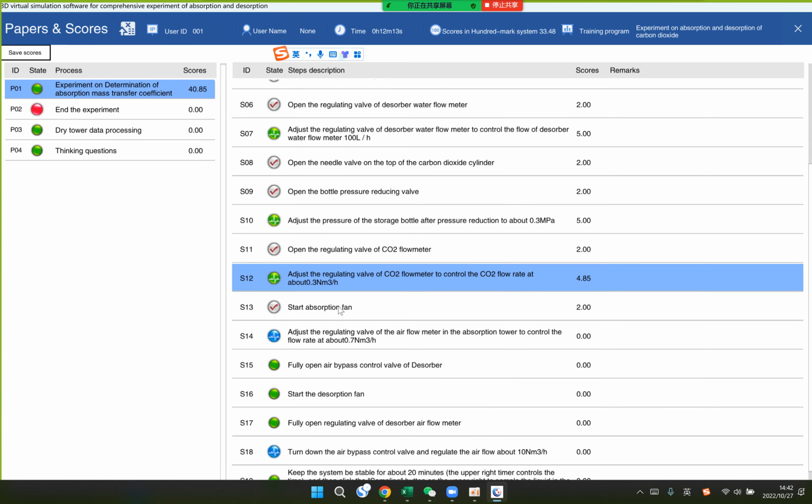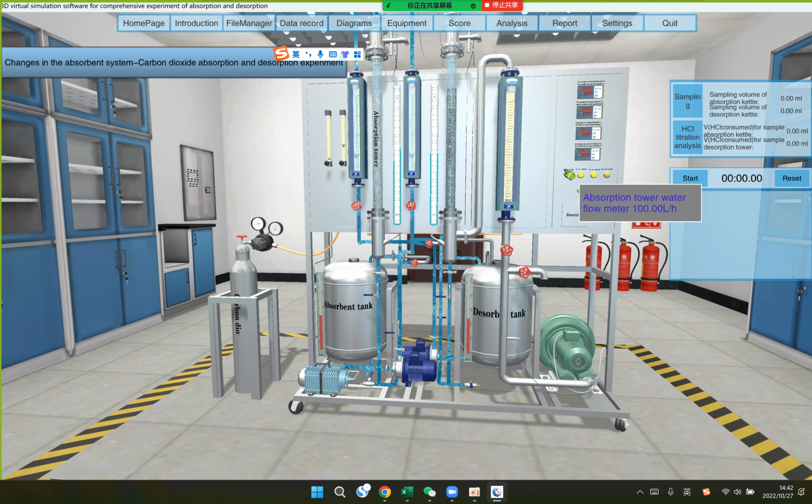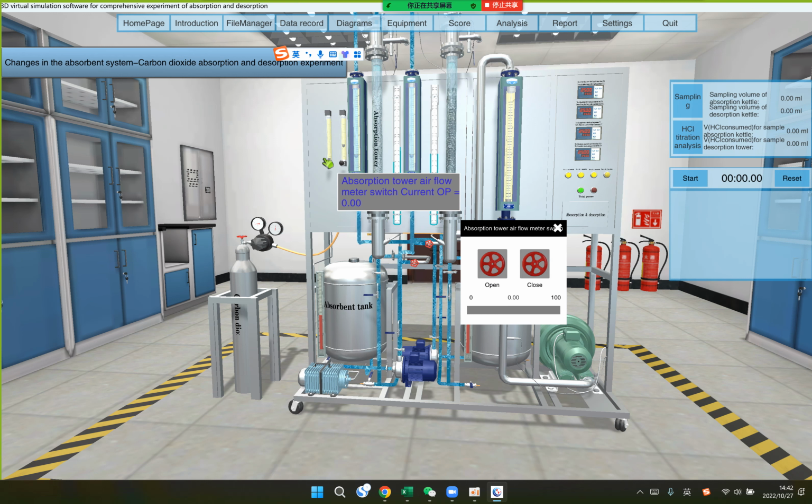control the air flow rate to 0.7. So from this rotational meter, we control it to 0.7. Okay, 0.7.